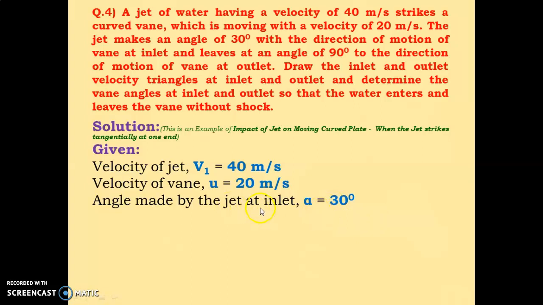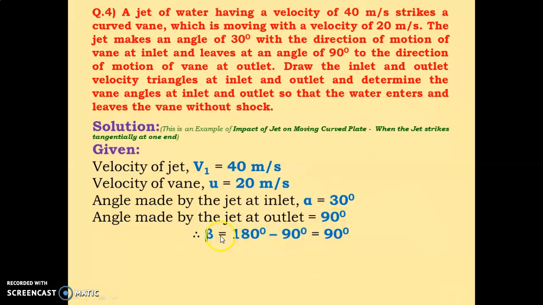What is alpha? We'll see in the diagram. Angle made by the jet at the outlet is 90 degree. Okay. So the angle at the outlet, angle made by jet beta, will be 180° minus 90, which will be 90°. We'll study all this in the diagram in the next slide.